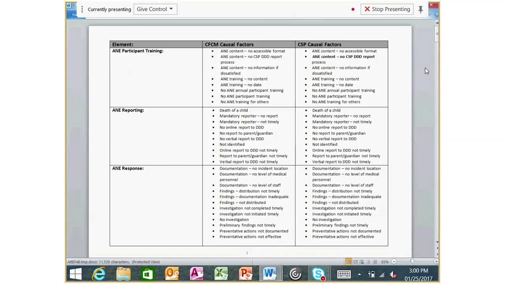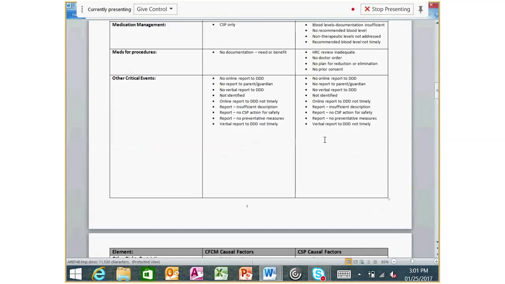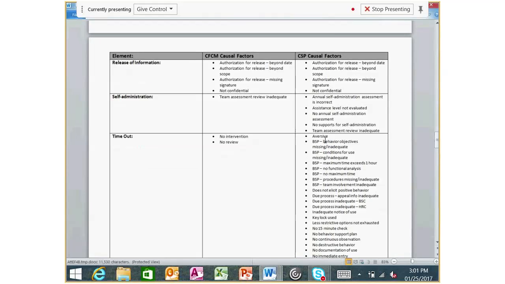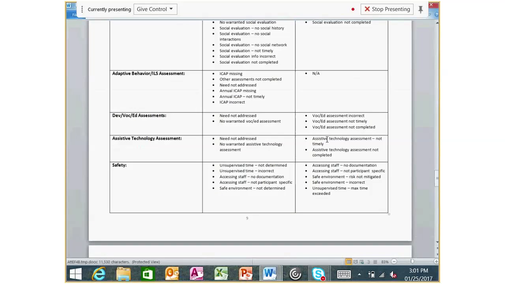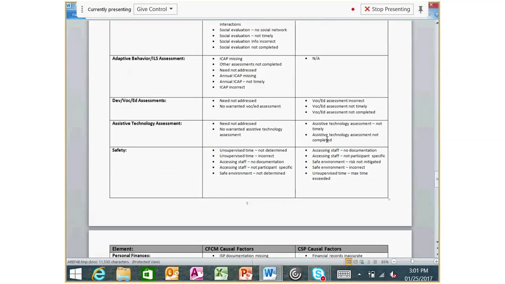What I wanted to point out is that even though, sorry, I have my document backwards here, even though things like service and provider choice notice, those are NA, but then when you get into the service planning, could you scroll down, Sam, a little bit into the service planning part? So as you get into like the adaptive behavior in the ILS, where we typically look at the ICAP, for example, ISP team, ISP annual update, needed revision.